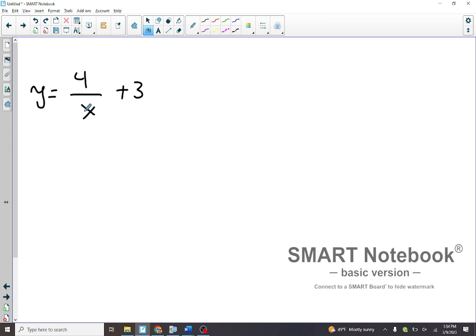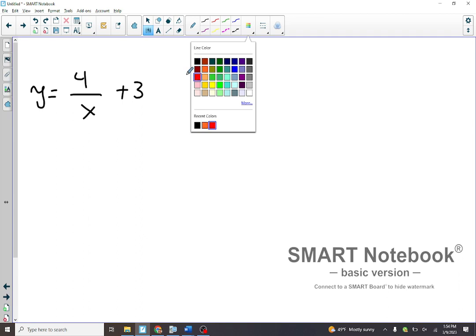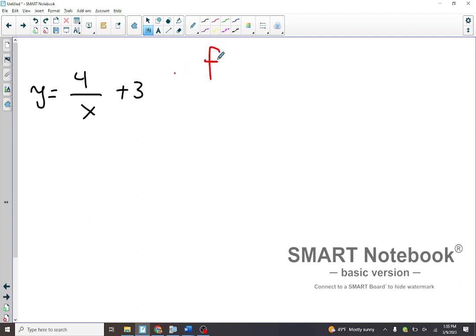But in this case, we're going to do it this way. We have a parent function, which is f of x equals a over x minus h plus k.